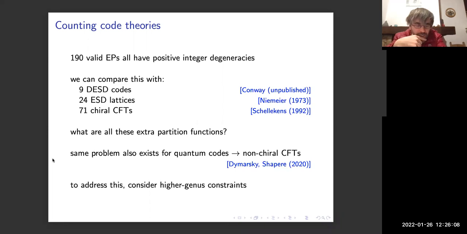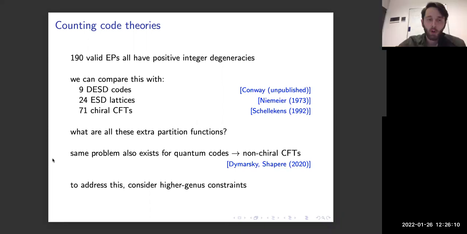These codes are classified at c equals 24, c equals 30, c equals 32 and c equals 40, but at c equals 48, there's already too many. So if someone gives you an enumerator polynomial, you don't have a list to compare to. It's kind of like if someone gave you a modular invariant function and said, tell me if this is a CFT or not. Until you've classified them, you don't know how to do it.